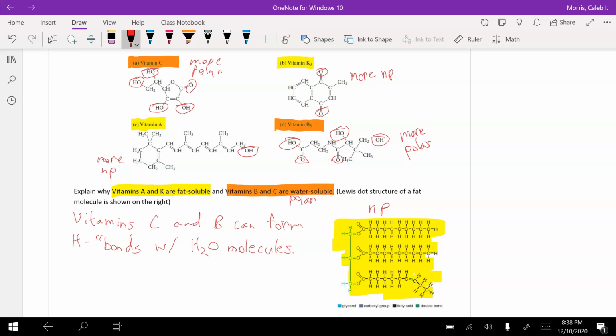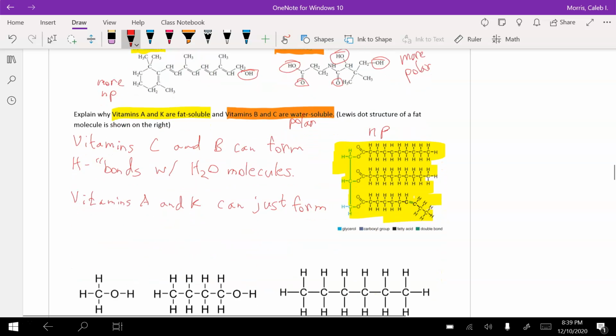And vitamins A and K can just form LDF with fat molecules, these large fat molecules.